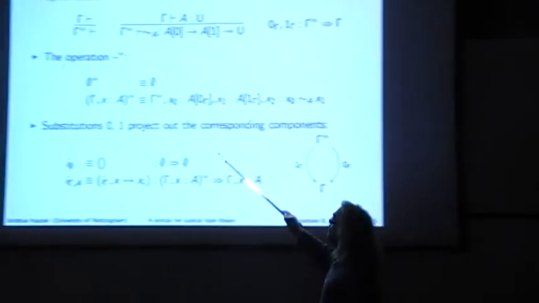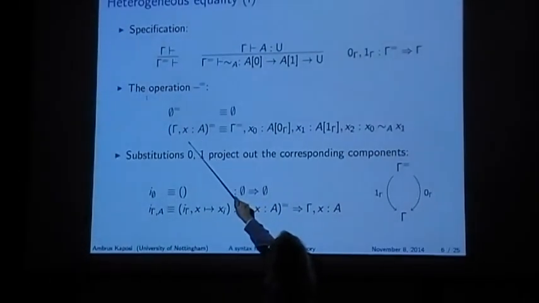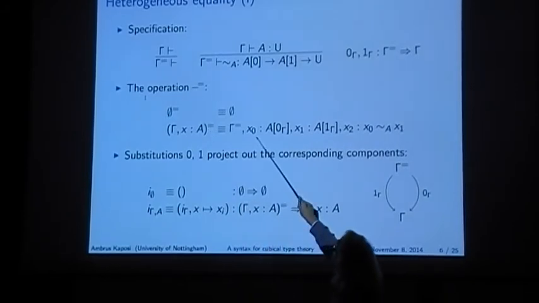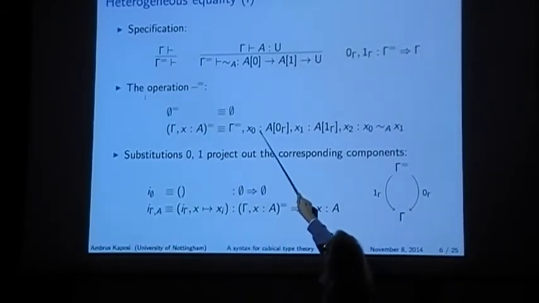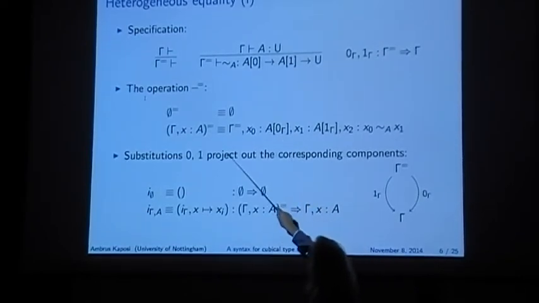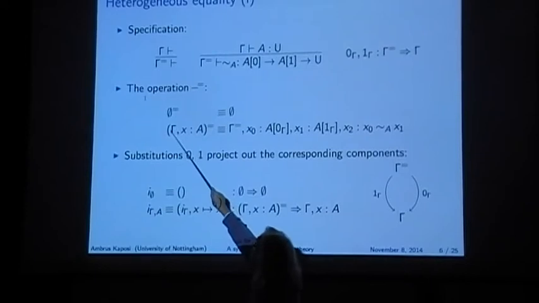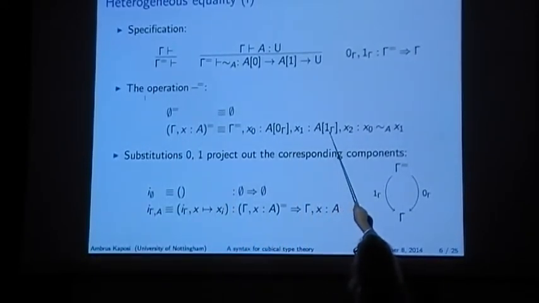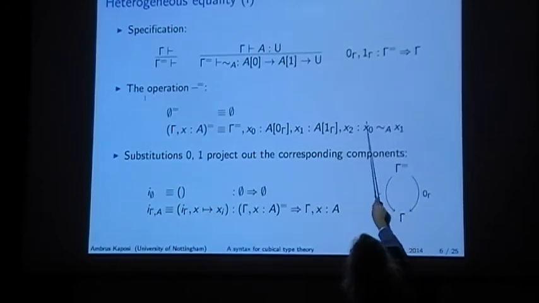So what I say here is this definition of this context gamma equal. If I have an assumption x : A, it gets tripled into an assumption x0 : A0, but this may again be a different type because this equality may depend on the assumptions made earlier, an element x1 : A1, and then the assumption that these two elements are heterogeneously equal.